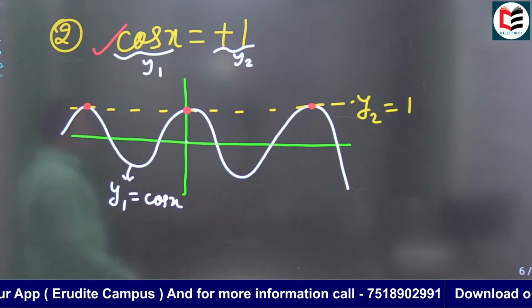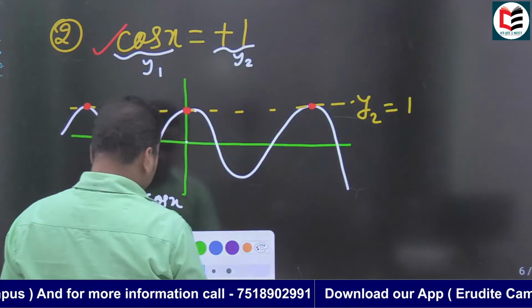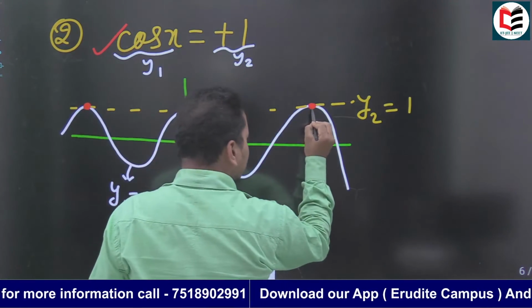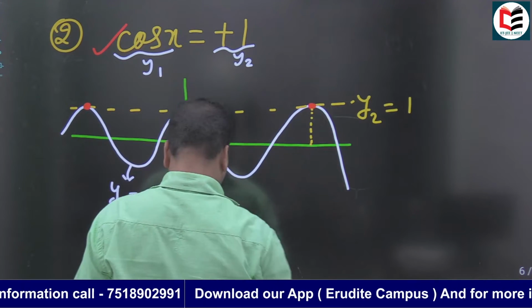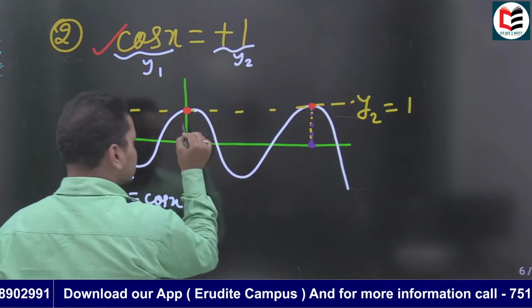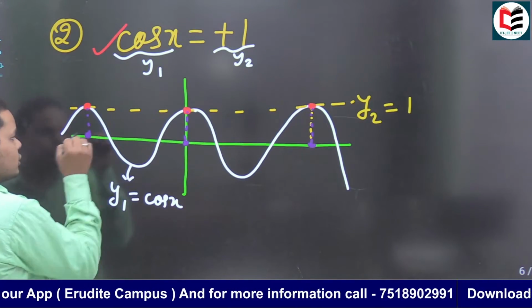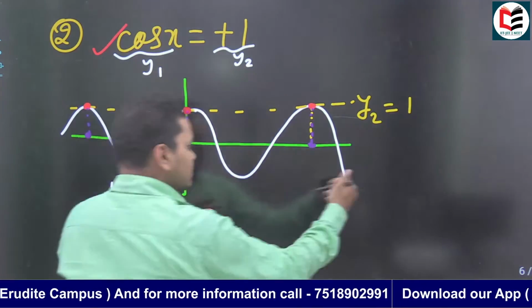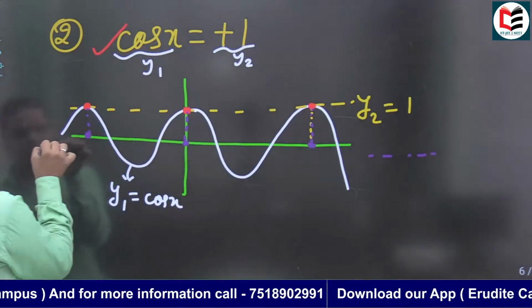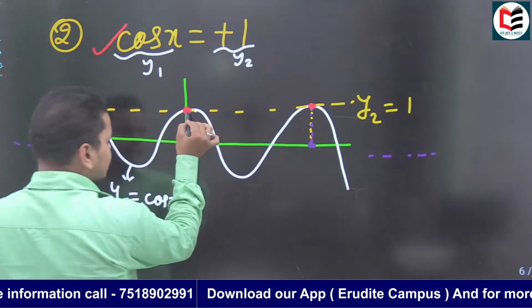Concluding this, we can say that this point is your answer, and the same holds on the right side and the left side. So what is this point known as?